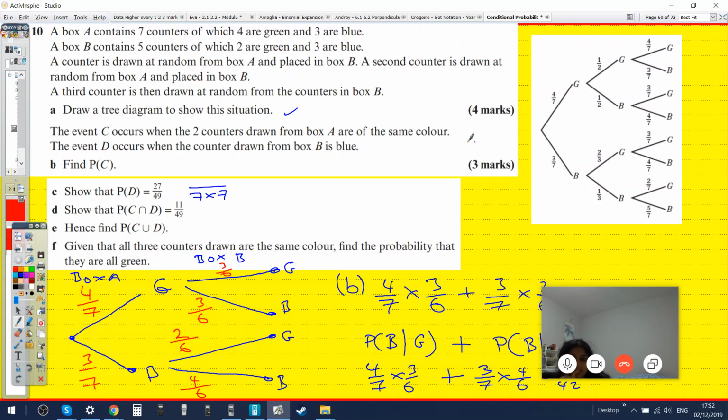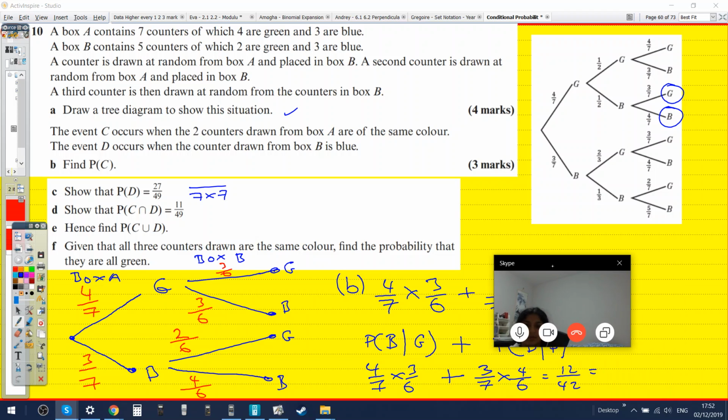So you just multiply all of them and add. You would have to do it, I think, for all of them down blue. So we can't actually stop at that point.